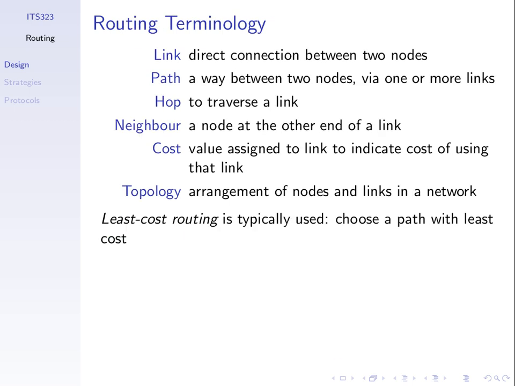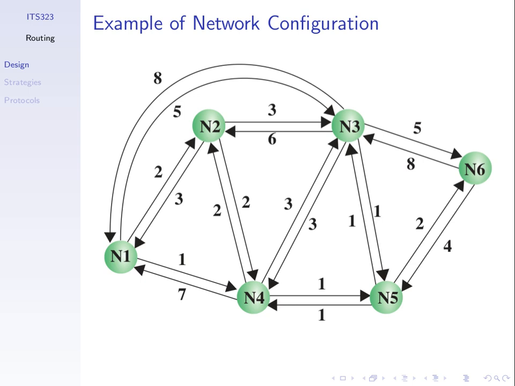Let's go and look at some of the cost metrics and some of the ways in which we update information. Last week we mentioned the terminology. We're going to use this example network where we have 6 nodes, a number of links between those nodes. We've assigned costs to each link. The costs have no units here. They could be anything that we want.